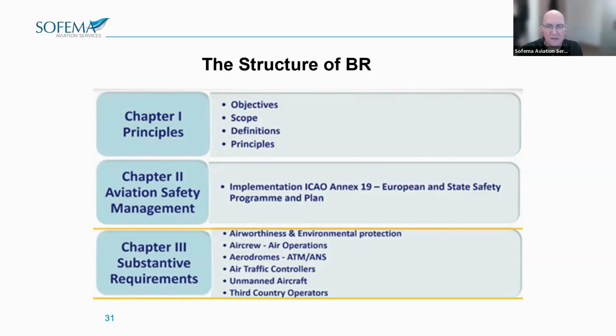So in this section, the certification of aircraft and products is stated, including the requirement for the issue of a type certificate supported by operational suitability data. This chapter also establishes the requirement for design and production organizations to be approved and issued with a certificate.